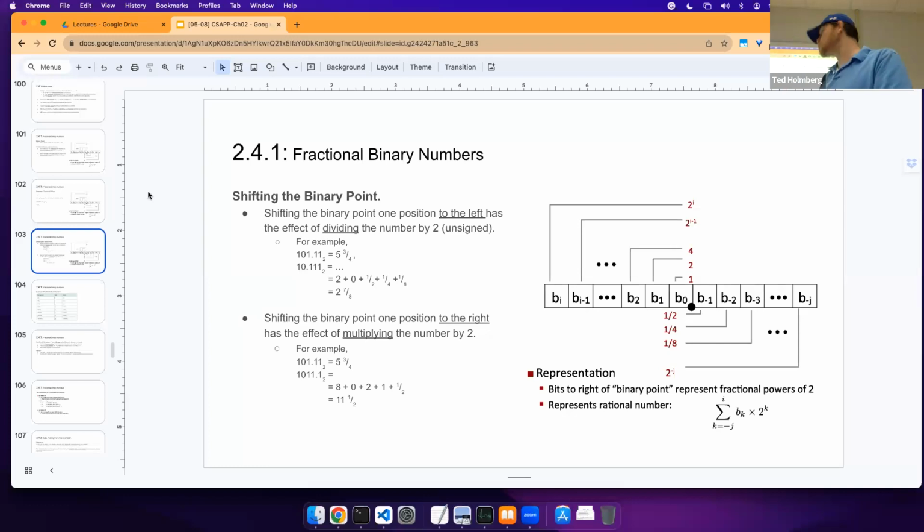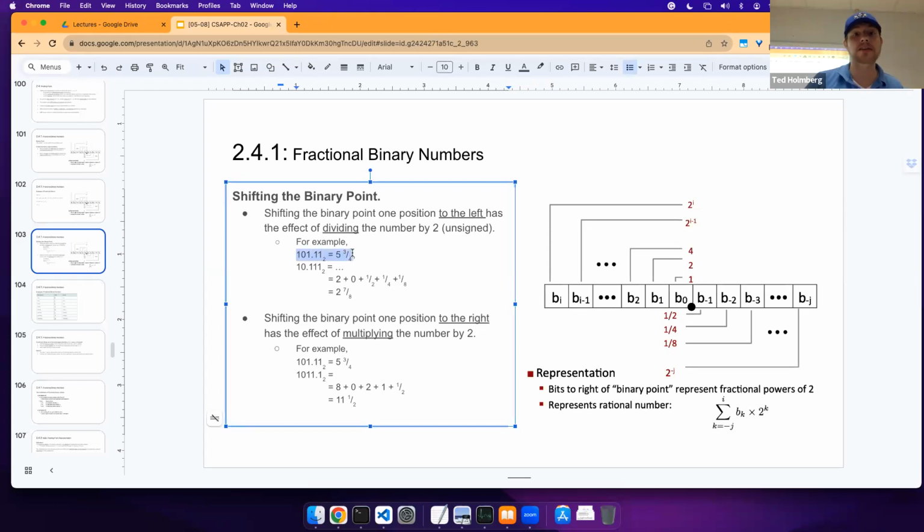And we can actually prove that. I mean, you can already see how the binary cells are multiplicative properties of 2, but let's take that same value we had before in the last slide, which was 5 3/4, and let's just shift the binary point over to the left. By shifting it over to the left, it's going to push all of our values, so one of our values that was on the left side will now move to the right side.